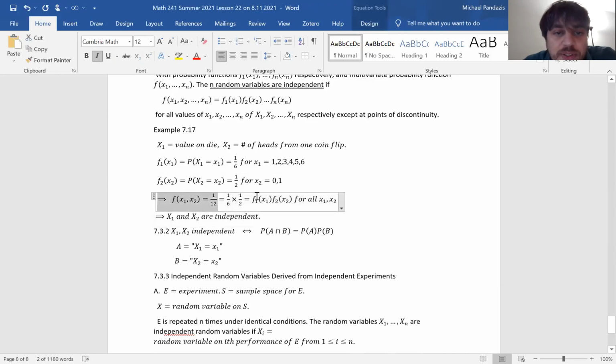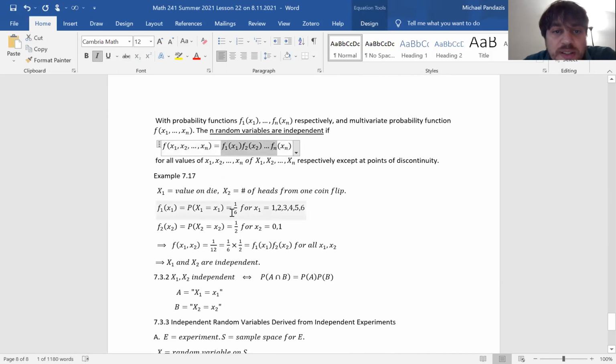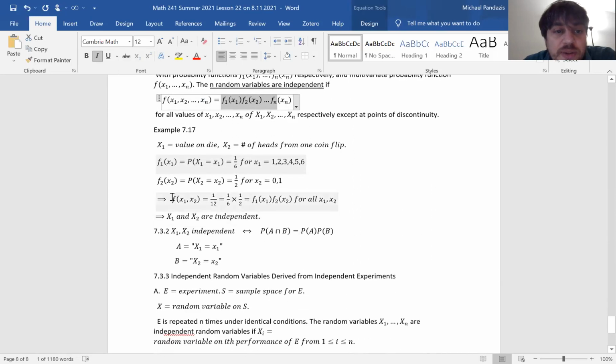Saying that this is equal to this times this means that X1 and X2 are independent because of this definition. We said that n random variables are independent if you can express f as the product of these little f's with indices. Here we said f is equal to f1 times f2 for all x1, x2. This equation is for n variables; for this problem, n is 2.